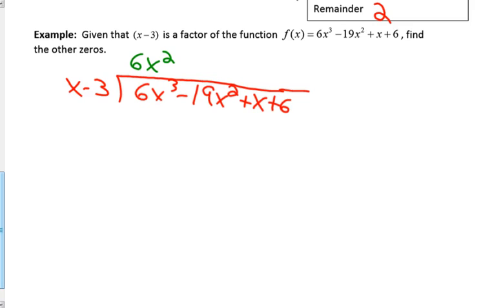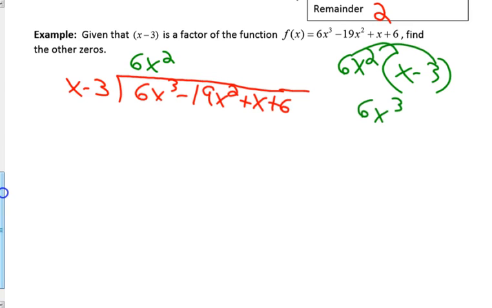Because the whole point of this is to try to eliminate these as we go. Now here's the part that you're not going to like. When I multiply the 6x squared, I have to multiply it times the entire factor, which is x minus 3. So 6x squared gives 6x cubed minus 18x squared.